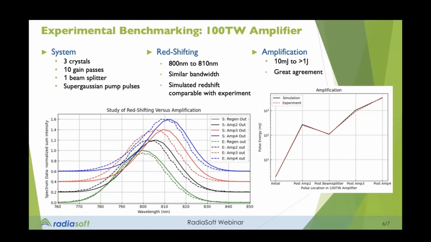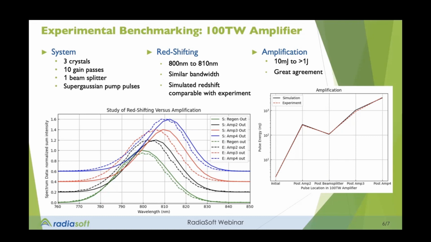So green is the laser pulse that's going into the system, black, red, and blue are after each of the amplifiers, and so blue would be the final output of the full system. As you can see, the bandwidth spread is similar, although we do slightly overestimate in simulation that redshifting. And the total variation from about 800 nanometers to around 810 nanometers is achieved.